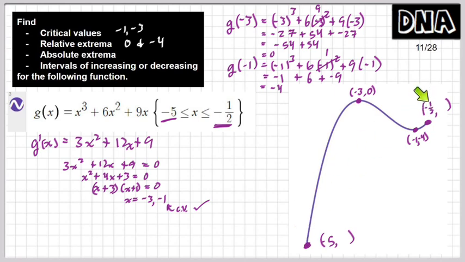Now, this one, because we have the graph, I know you don't want to do it. Because you're like, well, it's neither a max or a min. Because this 0 is higher than whatever this is going to be. And this -4 is going to be lower than whatever this is going to be. But if you didn't have the graph, you would have to plug in every critical value and every endpoint.